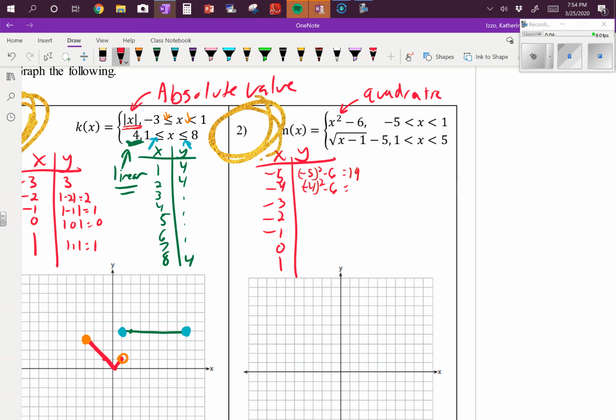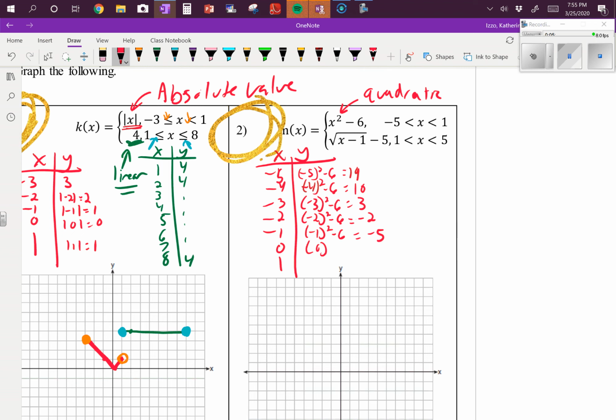Did you say 5? That's not true. That's 4 minus 6, which is negative 2. And then negative 1 squared minus 6, that's 1 minus 6, which is negative 5. 0 squared minus 6 is just negative 6. And then 1 squared minus 6 brings us back up to negative 5.